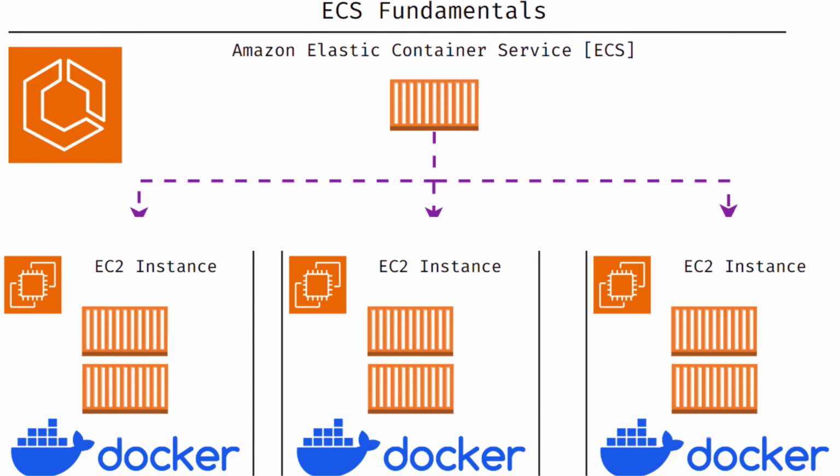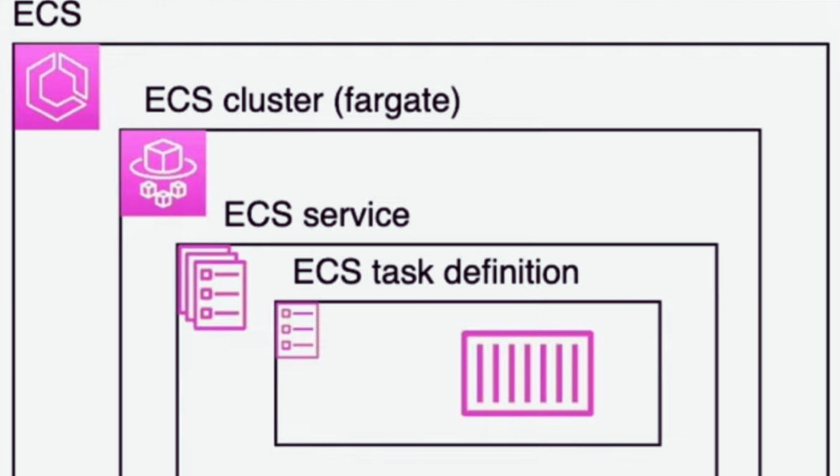Now, before we get into the setup, it's important to go over a few key concepts that will help you understand how ECS and Fargate work. First, there's the ECS cluster. An ECS cluster is simply a logical grouping of all your container resources. Within this cluster, we have tasks, which are essentially running containers. These tasks are based on something called a task definition. Think of a task definition as a blueprint that tells ECS exactly how to run your container.